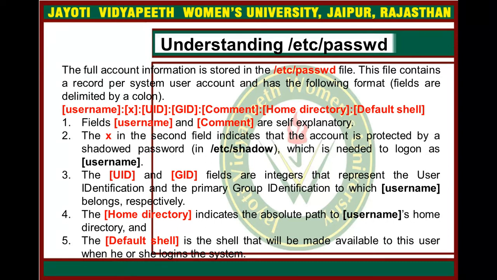So if we are talking about Flipkart and Amazon, if you have an account on Amazon and you want to purchase something online, then you need to log on, you need to protect your account. So for this you have to use /etc/shadow, which is needed to log on as username.